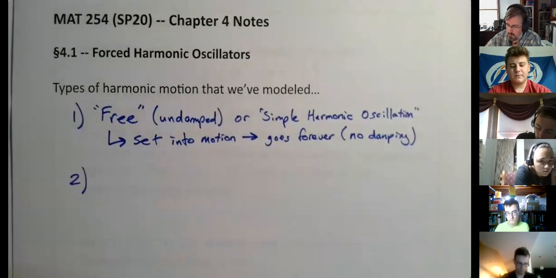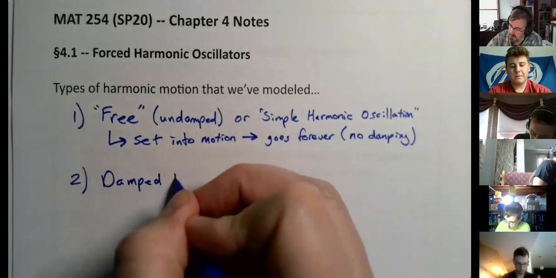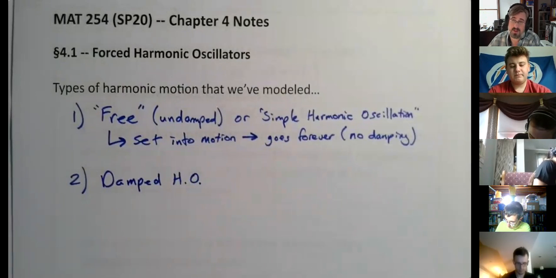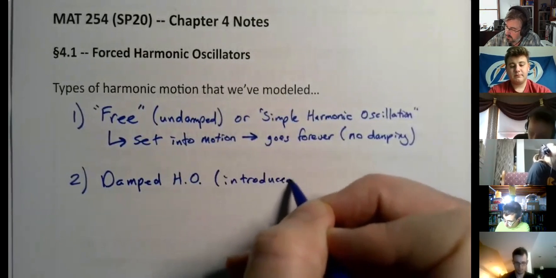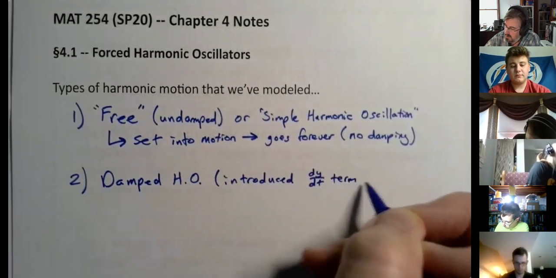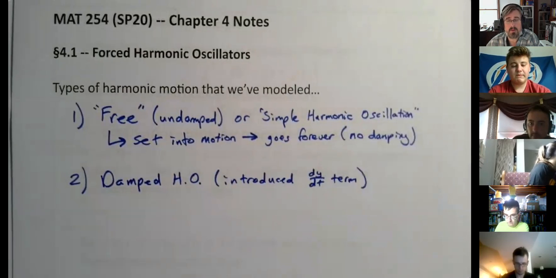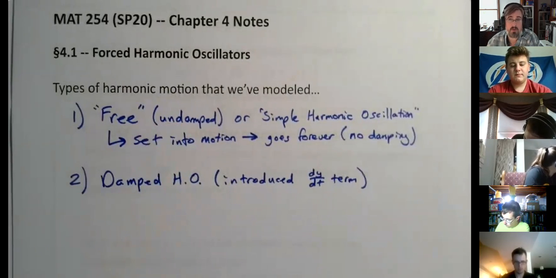So the second type that we dealt with was what we would call damped harmonic oscillation. And I'm just going to abbreviate with H and O because I don't want to write all that stuff. And that was when we introduced the dy/dt term in the differential equation, remember? So before, up here, undamped means that the B term, or the y prime term, is equal to 0.